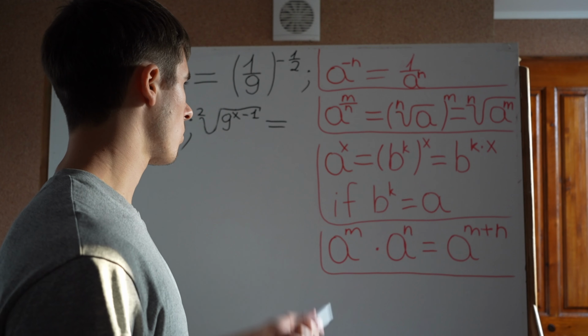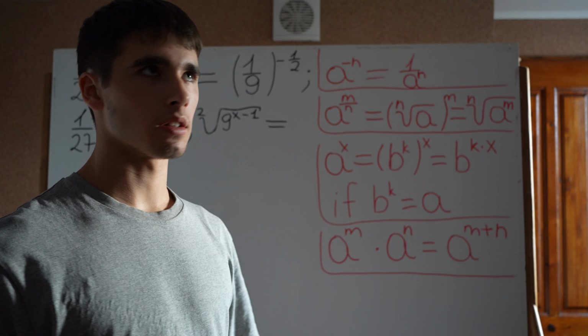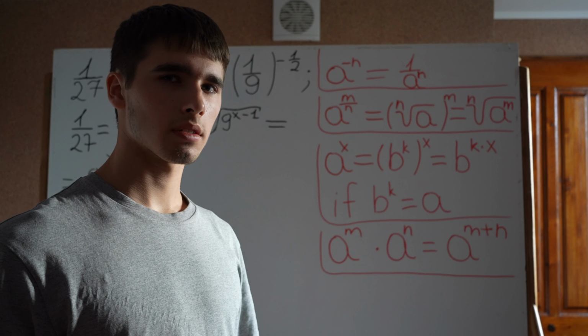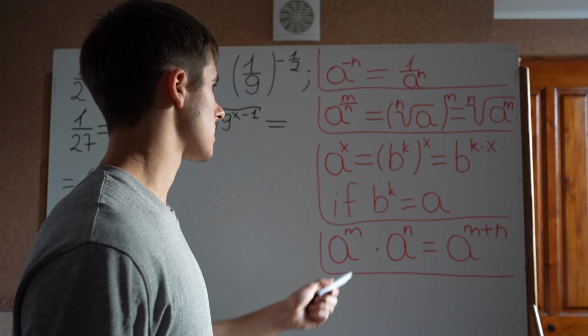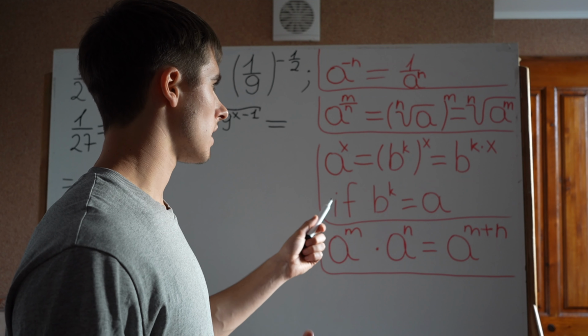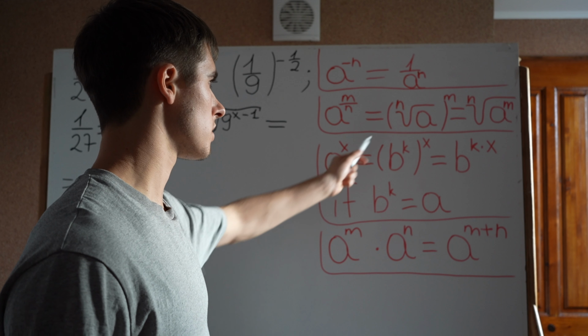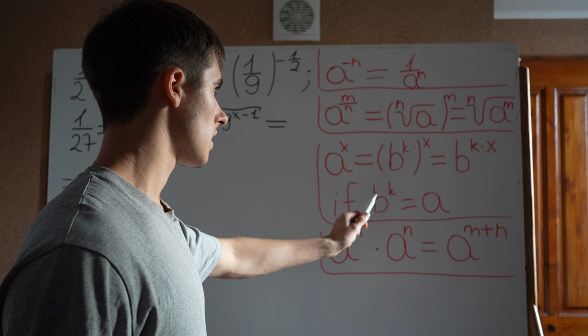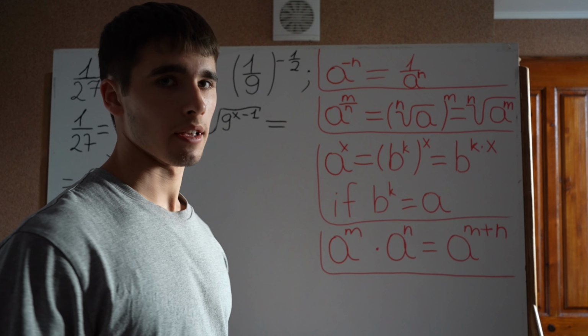So we have a number raised to the x exponent, and it can be represented as a number a, which we transform into something else that must be equal to a.